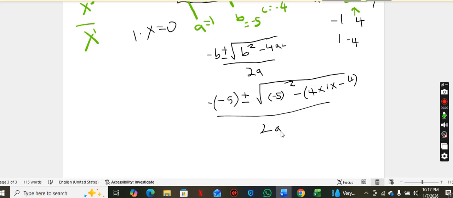Those who have got lost, colleagues, what I'm doing here is we just want to see what answer we're looking for when we do those iterations, so that you don't need to iterate 5, 6 or 7 times. Then over 2 times a, 2 times 1.